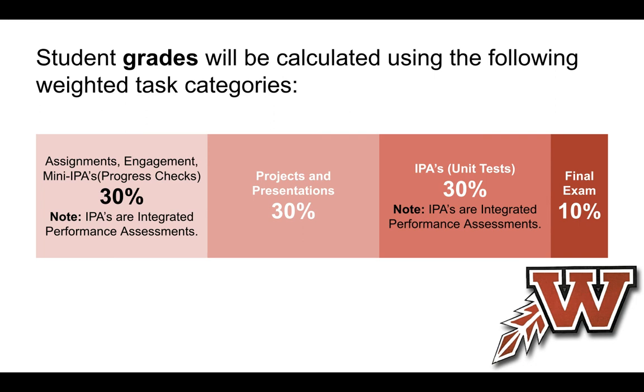An IPA is an integrated performance assessment, and students and families will receive more information about those at a later time. 30% of the grade will be based on projects and presentations. 30% on IPAs or unit tests. Again, IPAs are integrated performance assessments. And 10% of the semester grade will be based on the final exam, which takes place in January and June.